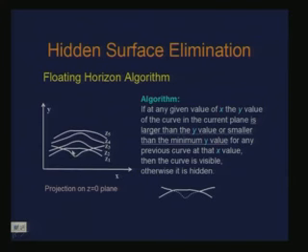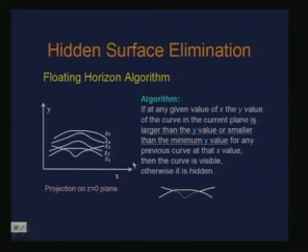So, these are not continuous things, these are actually discrete points when they come to the image. But at a gross level, this is what the algorithm is. So, here we are basically dealing with hidden line elimination, because we are just plotting the lines or the curves.